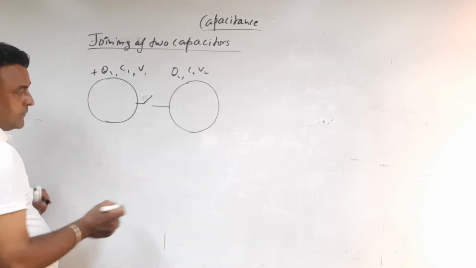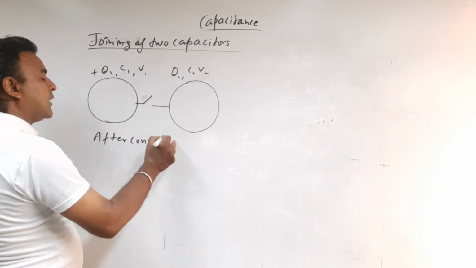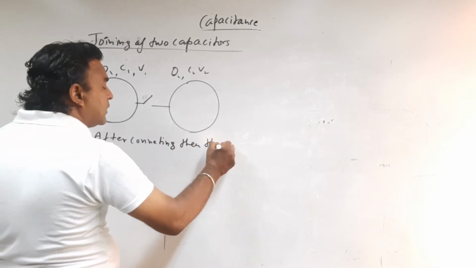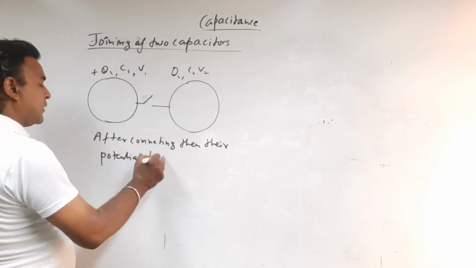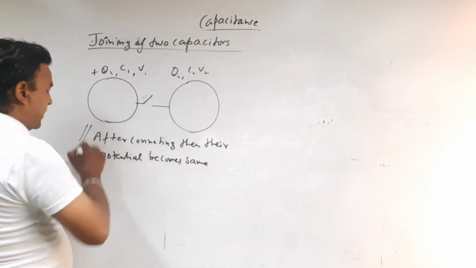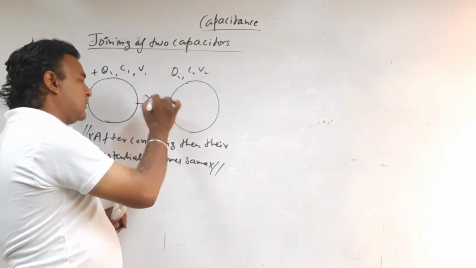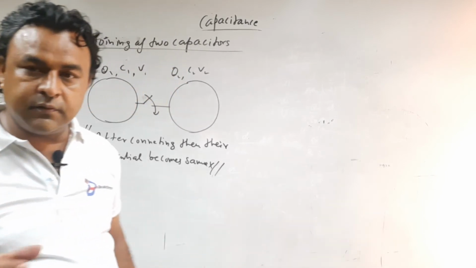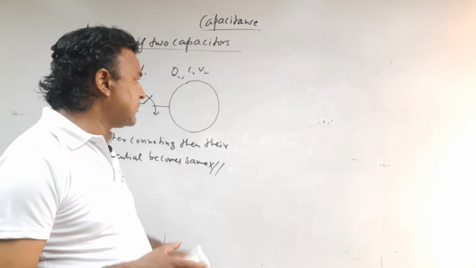One thing is very clear: after connecting any two electrical conductors, their potential becomes the same. This is a very clear concept. If you connect two metals, their potential becomes the same.